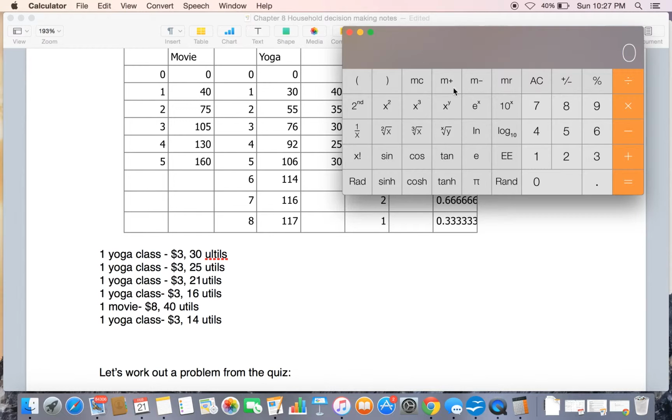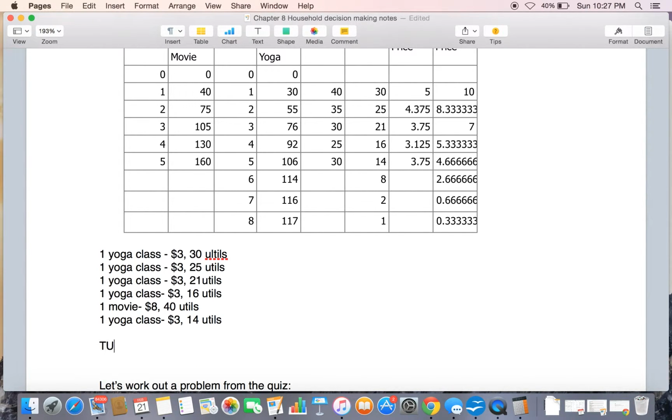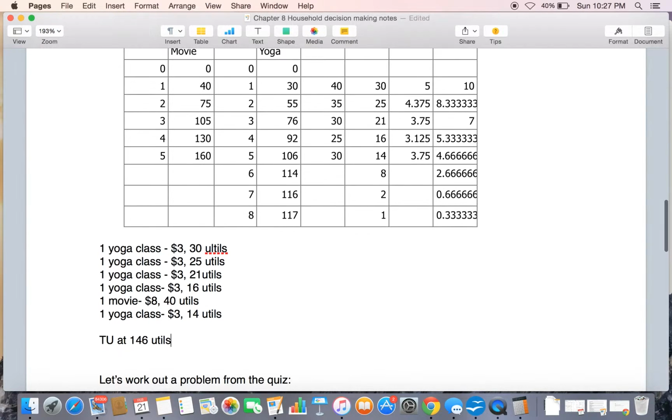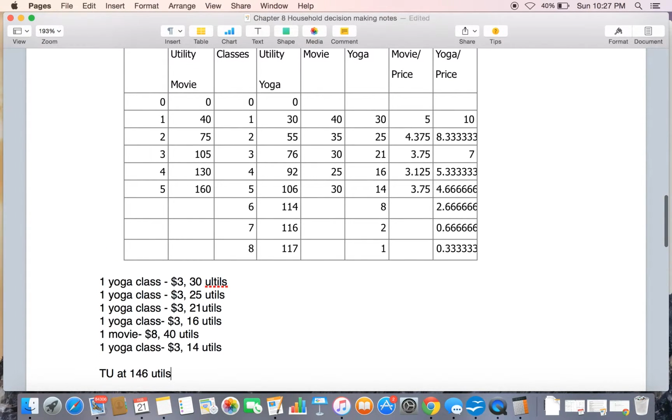If we add up all of the marginal utilities of each item that we're consuming, the first yoga class, the second yoga class, the third yoga class, the fourth yoga class, the first movie, and the fifth yoga class, we will have maximized our total utility at 146 utils. There is no other way to maximize total utility.